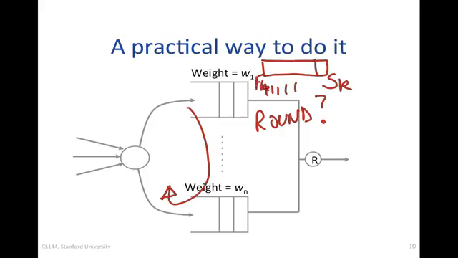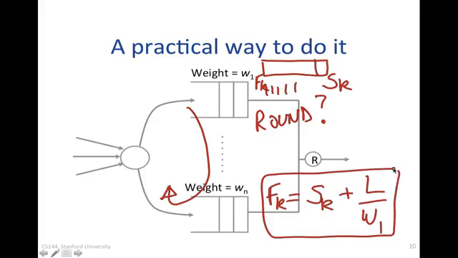Because we're serving everything in rounds, and time progresses in rounds, we can say the finishing time of this packet is its starting time in rounds plus the length of the packet divided by W sub 1. That's because that first queue will receive exactly W sub 1 bits of service in each round. So its finishing round is its starting round plus its length divided by the number of bits it gets served per round. Okay, so this is the finishing time here.